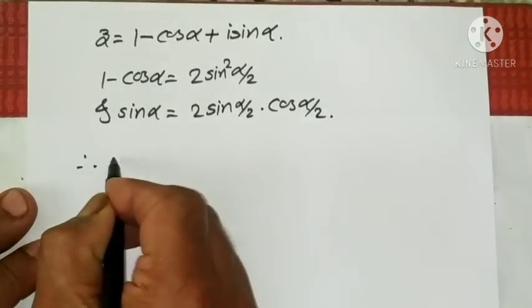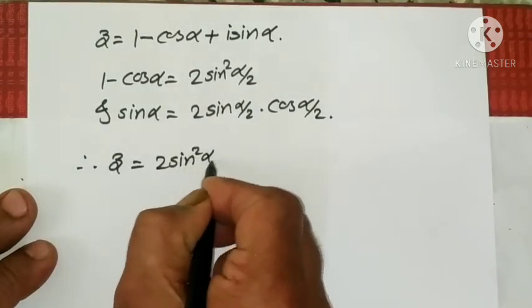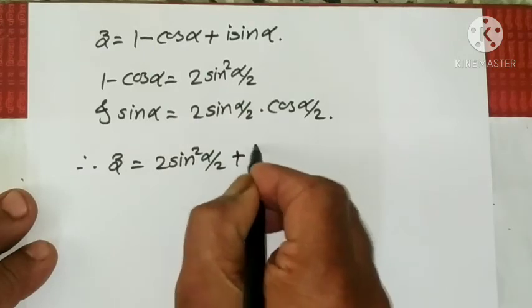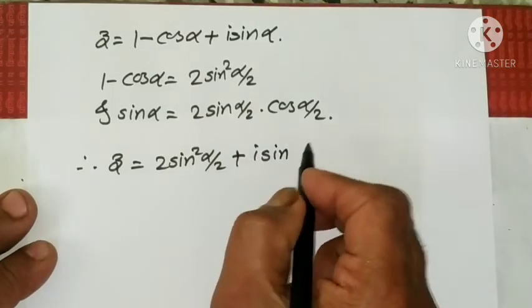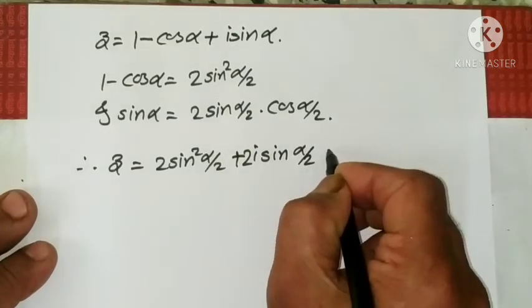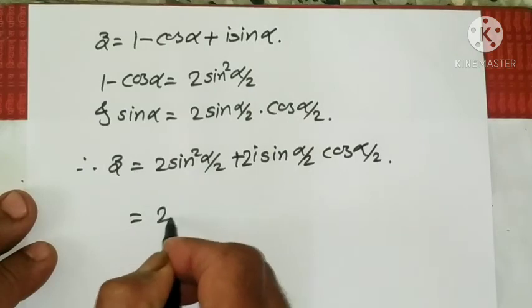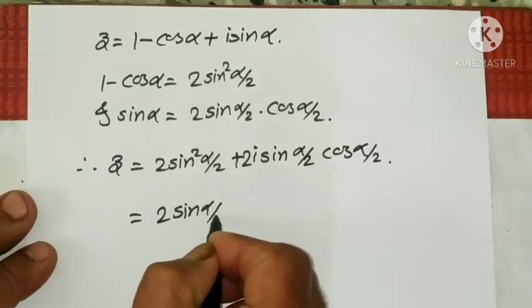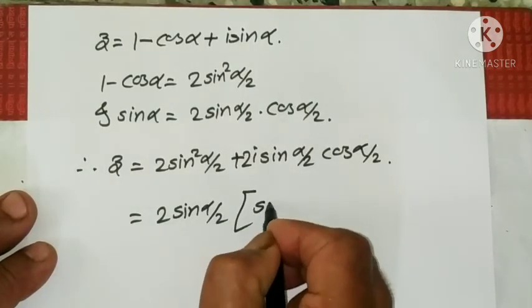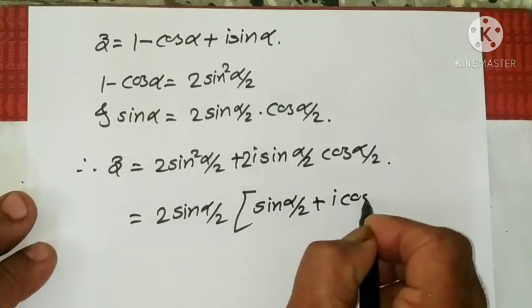Therefore, z is equal to 2 sin square alpha upon 2 plus i into 2 sin alpha upon 2 into cos alpha upon 2, is equal to 2 sin alpha upon 2 common outside into bracket sin alpha upon 2 plus i cos alpha upon 2.